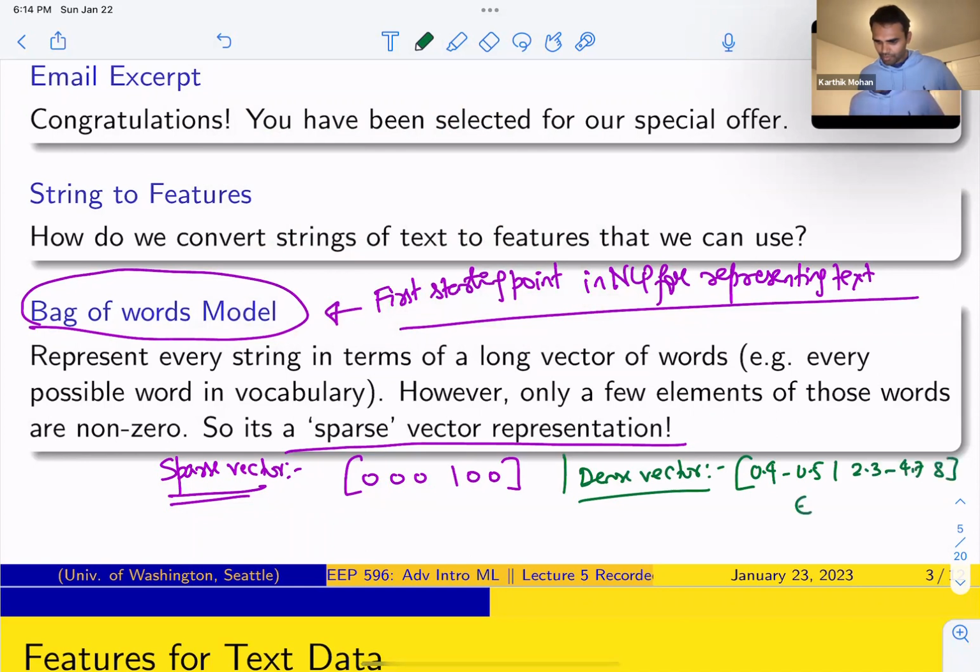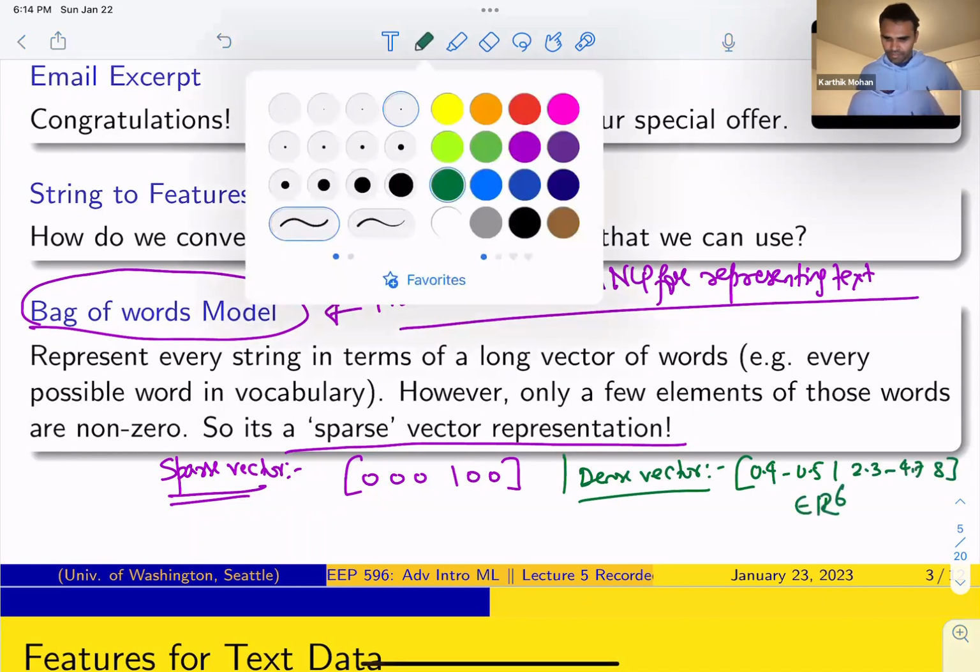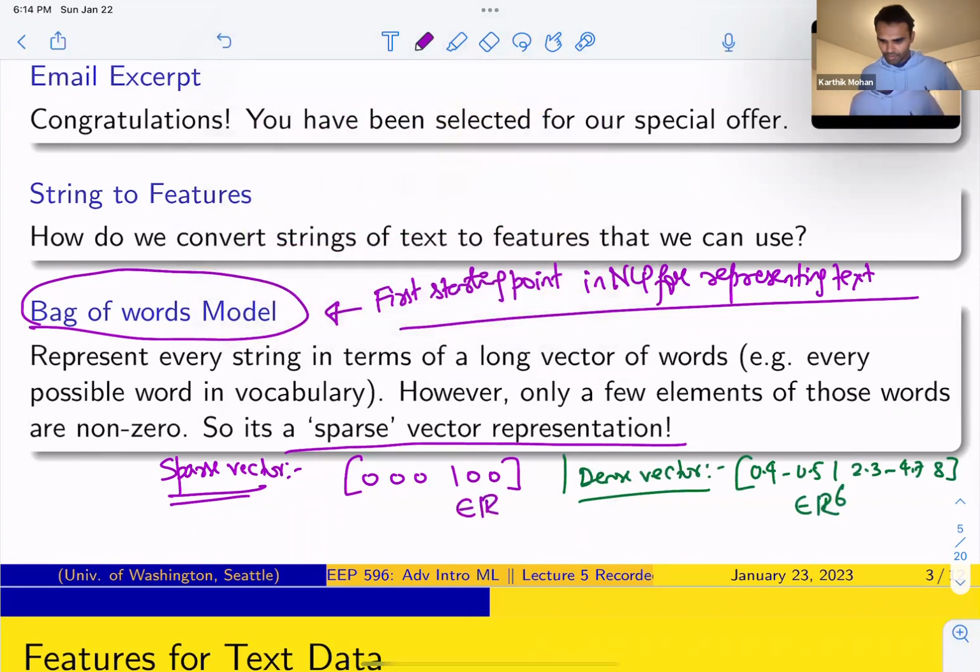Both of these are in 6 dimensions. But you see, it is sparse because there are a lot of zeros. So bag of words is kind of a sparse representation. That is, there are a lot of zeros because those words in the vocabulary do not exist in a sentence. And you only have ones or some other float value at places where the words do exist in the sentence.